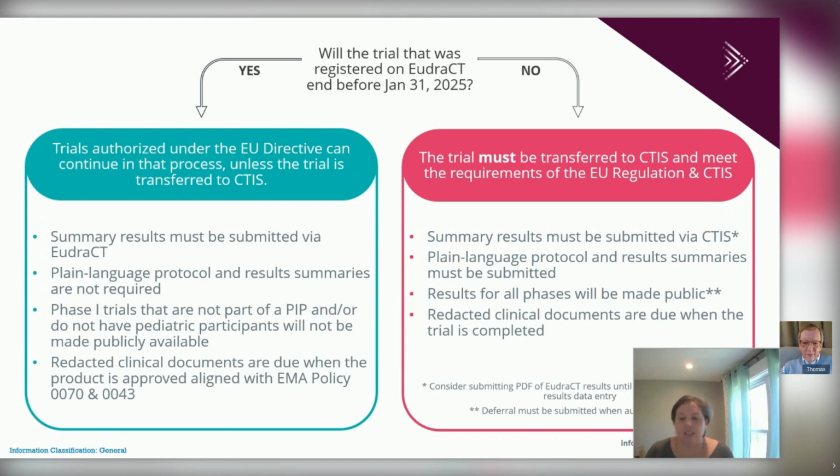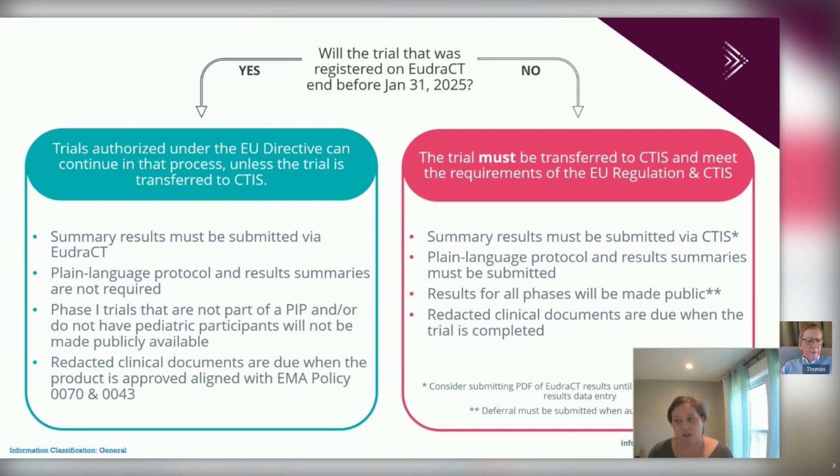But as I understand it, what is required in CTIS is what is required in CTIS, and their process is that you authorize a trial and go through all of those stages. So for trials that are transitioned into CTIS, that process must still hold true. You will need to get your trial reauthorized under CTIS, but it might be slightly abbreviated in that they know that you've already gone through the whole process of authorizing it through UDRA-CT and the national competent authorities, but those steps still need to be done.